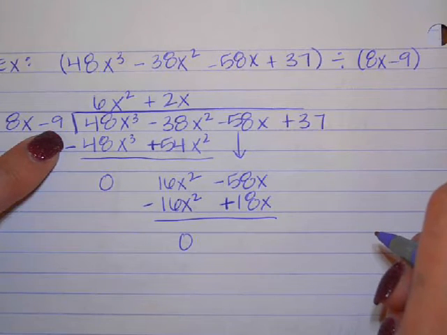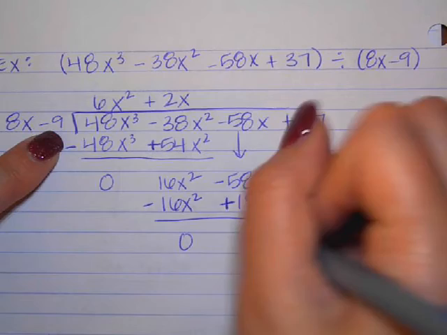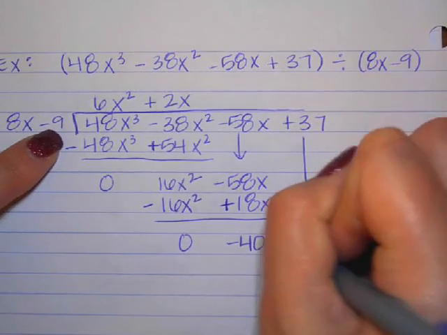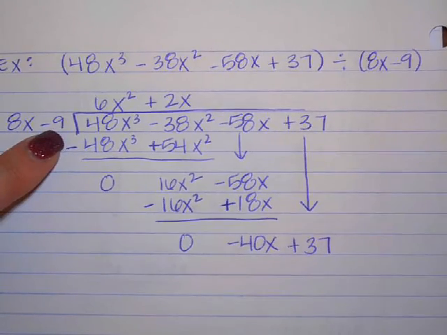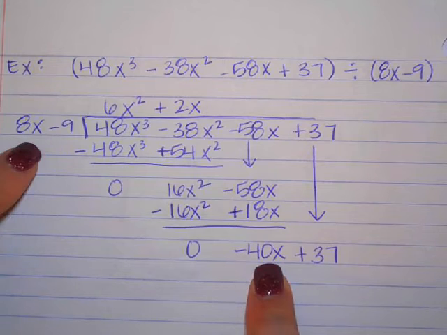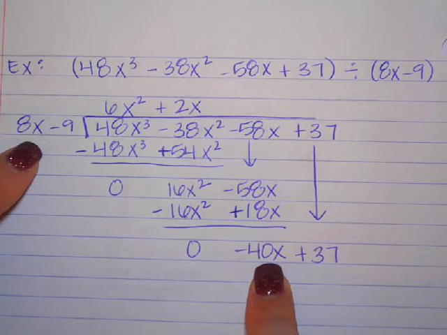58 minus 32. Negative 40. All right, and I drop down the next number. And then we say 8x multiplied by what is negative 40x?